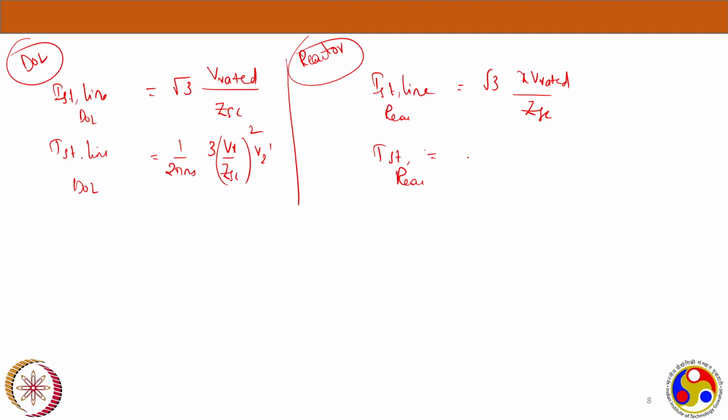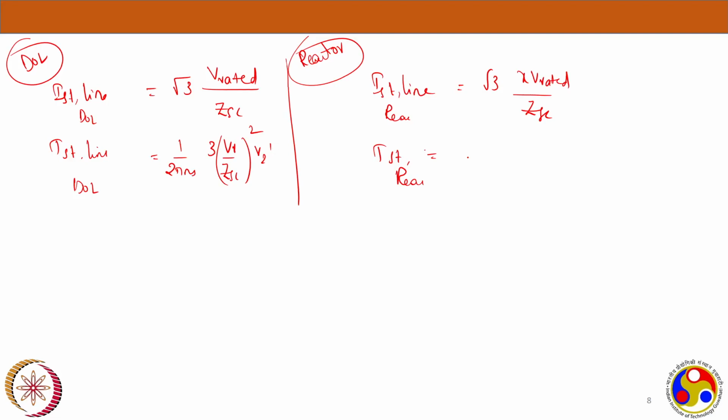Now let's take a ratio of these currents and the torques. I am taking the ratio of starting currents, reactor to DOL.